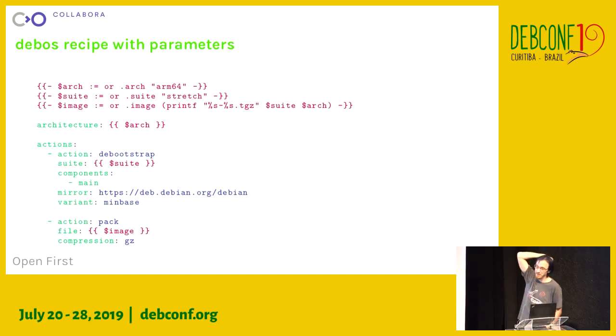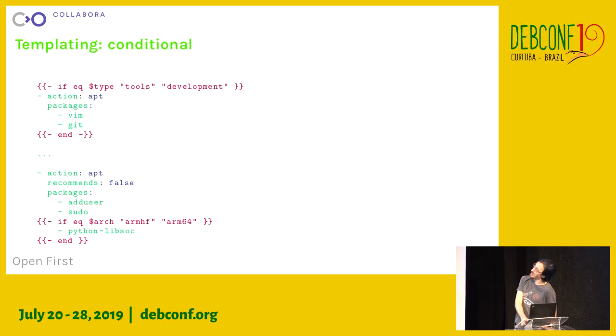It doesn't have as many features, but it allows some really cool things like formatting the image name or providing default values. You can have conditional bits which only get run for specific types of images, for example, like in this case.